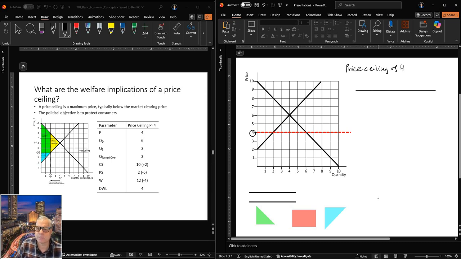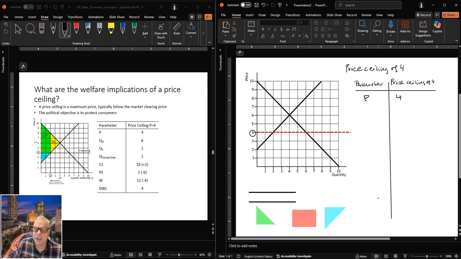So now we have to do a welfare analysis for the scenario here where the price is 4. So again here we have our parameters that we need. And here we have now the values for a price ceiling of 4. Okay, so now the price is 4. It's not an equilibrium price.